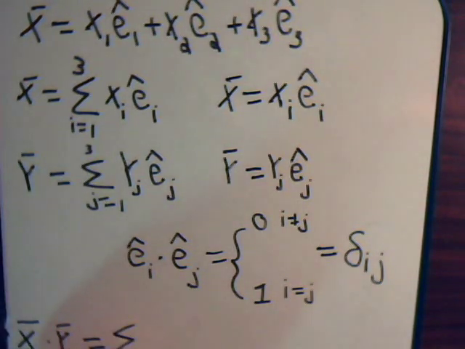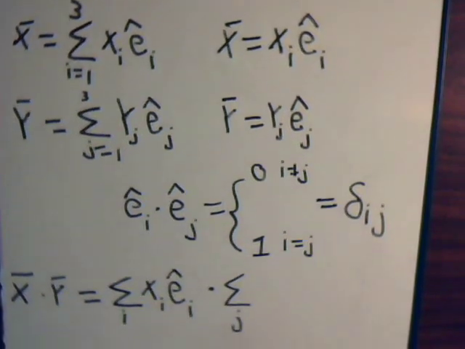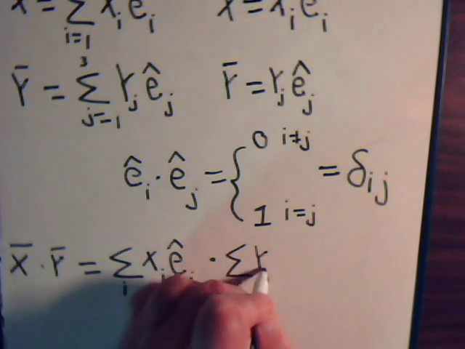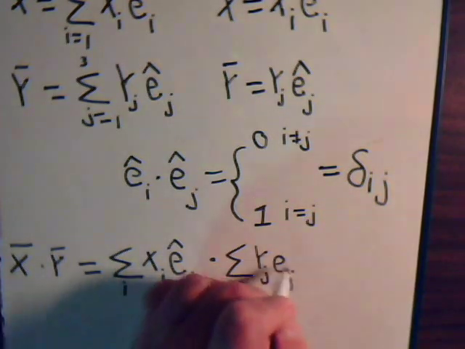So we have the sum over i of x_i e_i, then we're going to take the dot product of this with the summation over j of y_j e_j.